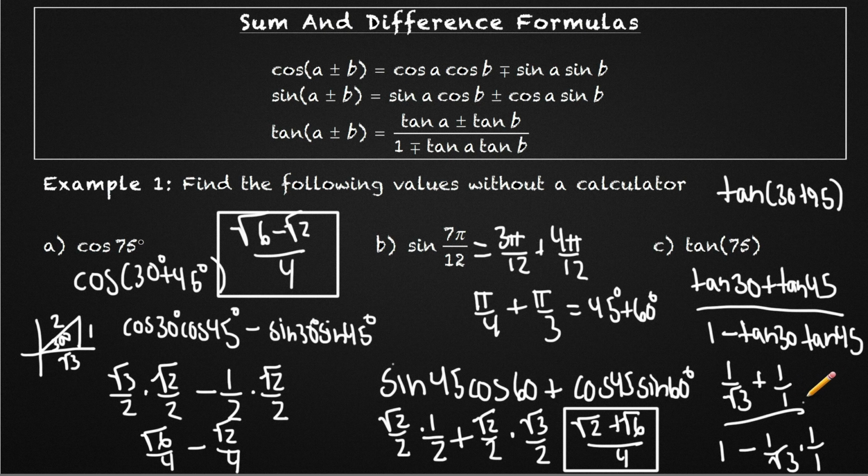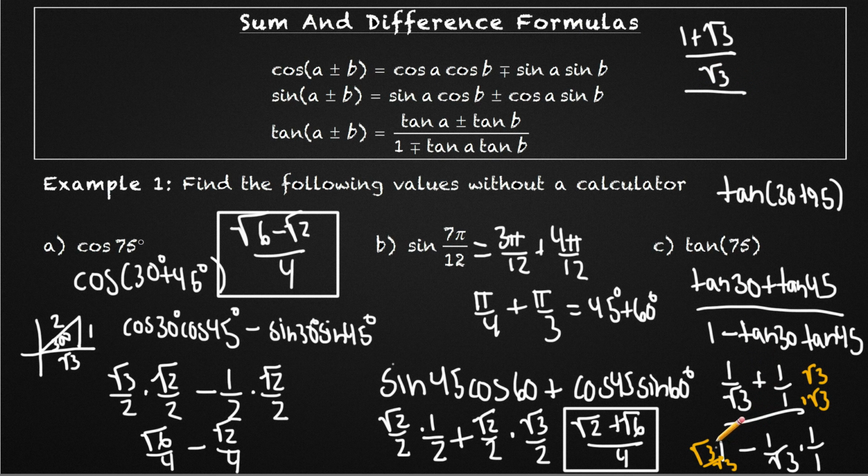Okay, so if we get a common denominator here, do that in orange, it's going to be root 3 and root 3. And actually if we get a common denominator on the bottom, that's going to be root 3 and root 3. Running out of space, I apologize. So then let's finish this up here. This is going to be 1 plus root 3 over the common denominator of root 3.